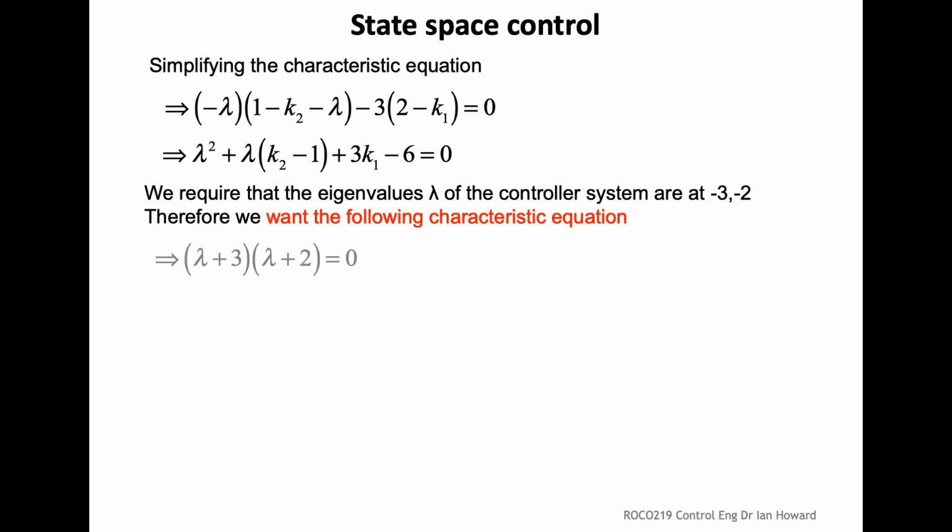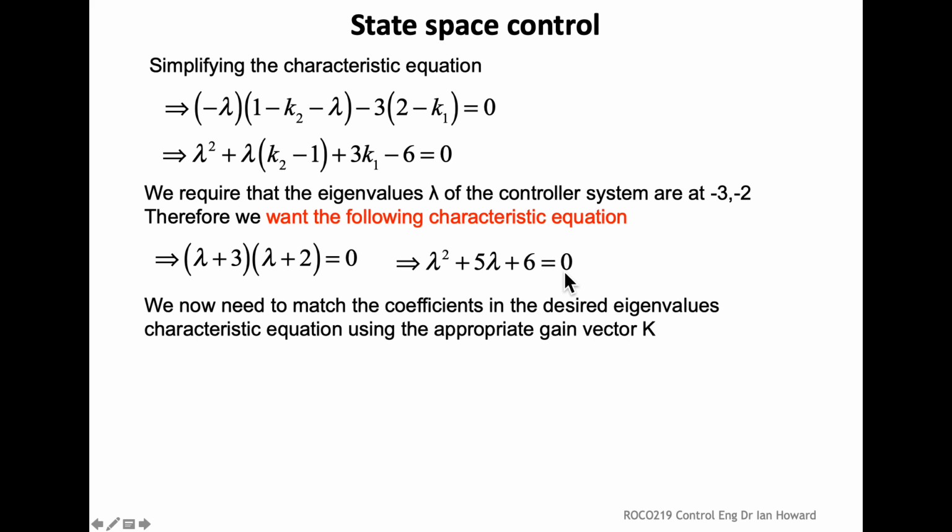That's quite easy. The characteristic equation is going to be (lambda plus 3)(lambda plus 2) equals 0. We multiply these things together, and we end up with lambda squared plus 5 lambda plus 6. And here's the nice bit.